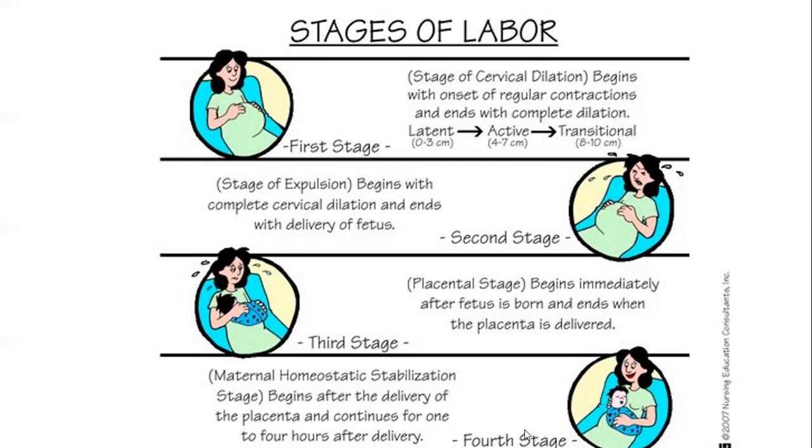The fourth stage means delivery of the placenta until the mother's condition has stabilized. Maternal hemostasis, meaning blood loss and fluid loss stabilized, begins after delivery of the placenta and continues for 1 to 4 hours after delivery.